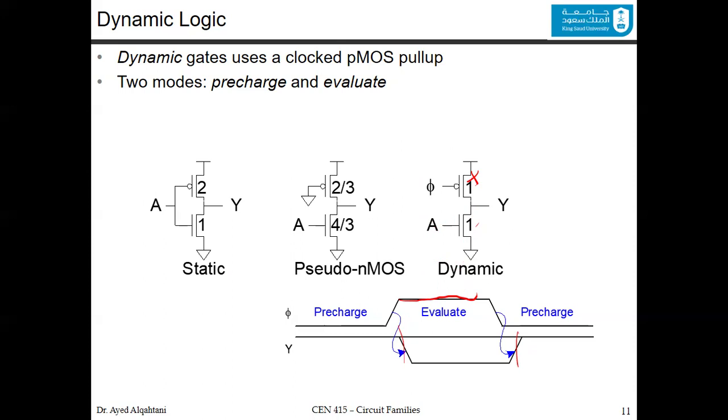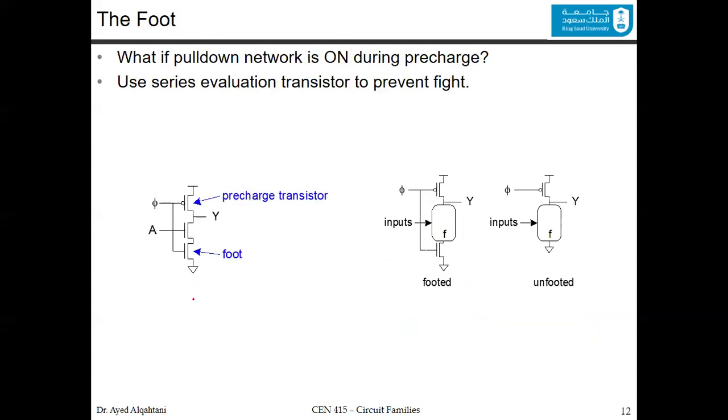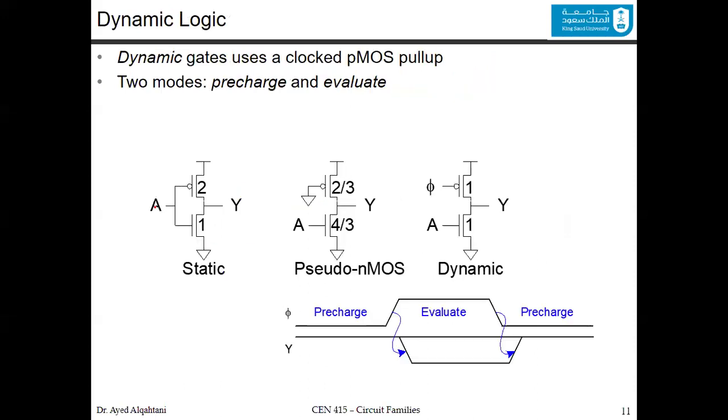Now, also, there is an addition, which is the foot at the end of the pull-down. Because if you don't have the foot, let's go back to this one. What happens is this could be on, and the A is also equal to 1. So this is also on.